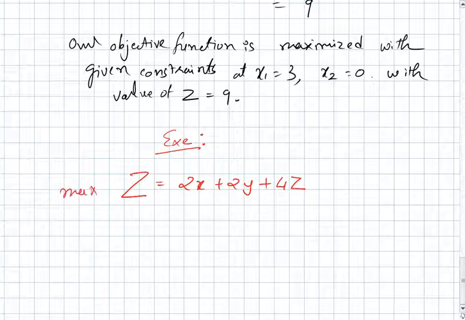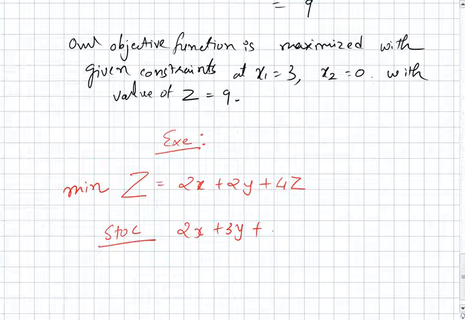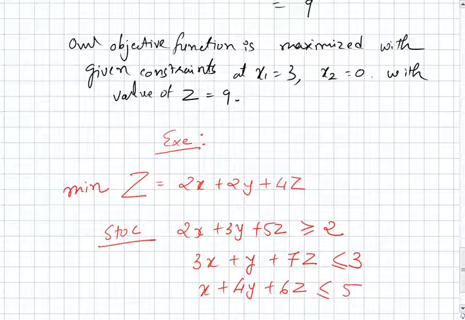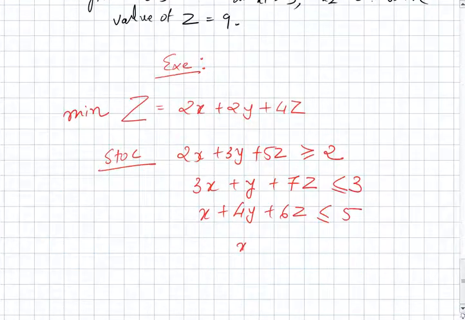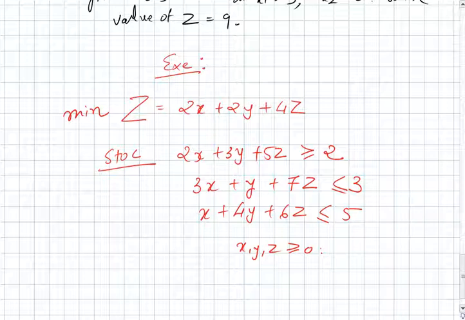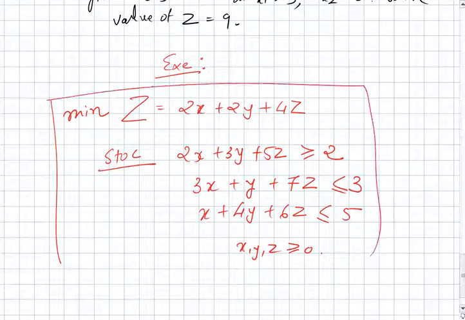Oh, sorry, you are supposed to minimize this, subject to the constraints 2x plus 3y plus 5z greater than or equals to 2, 3x plus y plus 7z less than or equals to 3, x plus 4y plus 6z less than or equals to 5, with your variables x, y, z greater than or equals to 0, and you are supposed to solve this linear programming problem on your own.